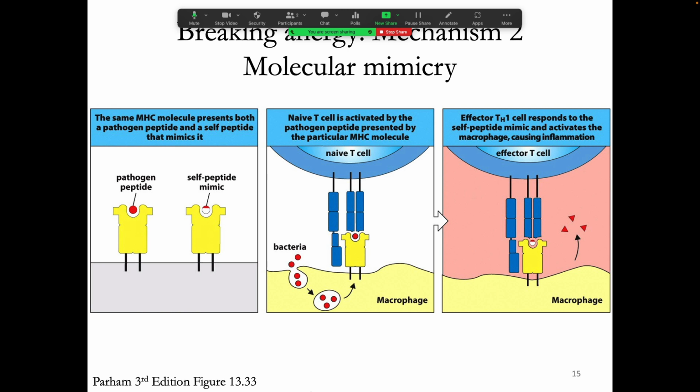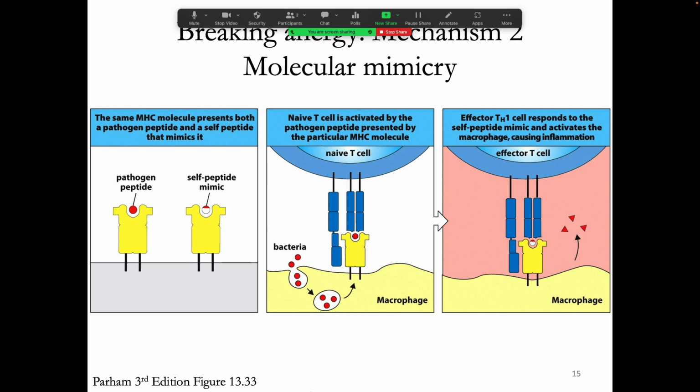So now that effector T cell is going around the body, it might see a whole bunch of cells presenting the pathogen epitope and be like, yeah, I'm going to kill them, and kill all those cells. But it also might see some self cells presenting this very similar antigen.